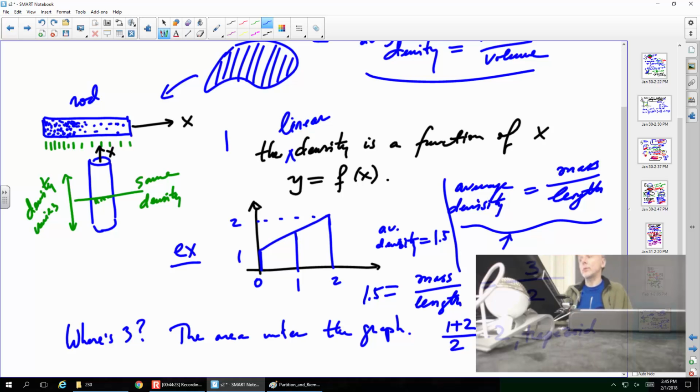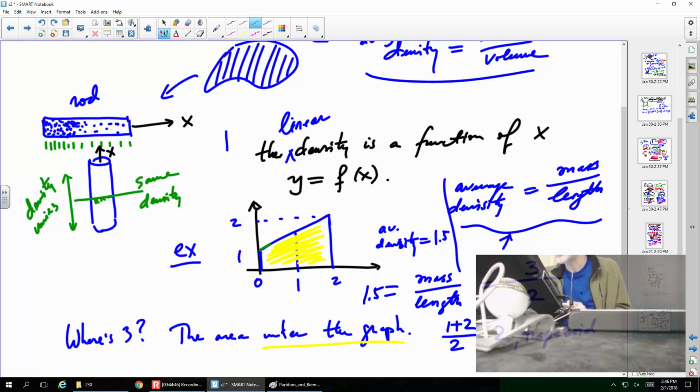The area of a trapezoid is the average of the two bases multiplied by the height, which is what I have here, right? But we have been studying integration enough to know that we are really after this area. We better describe it as the area under the graph, which in the long term is better.